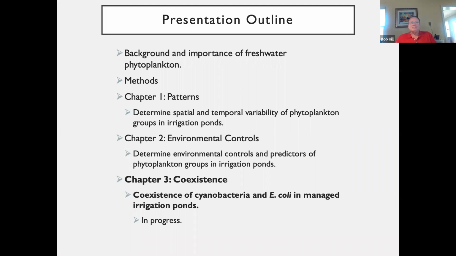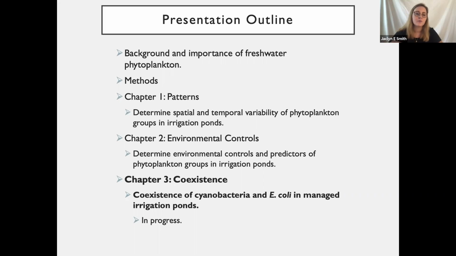So kind of give an outline of what I'm going to be talking about today. I am going to go over some background and importance of the freshwater phytoplankton, as well as quite a bit of methodology. And then my thesis is technically 3 chapters. The first chapter is on spatial and temporal variability of these phytoplankton groups within the irrigation ponds.